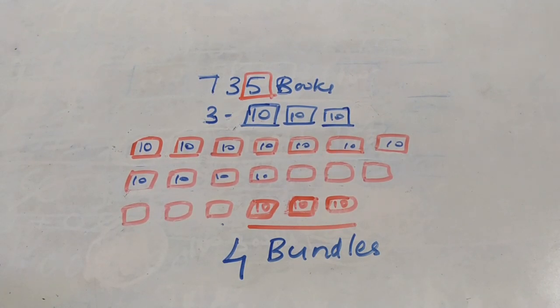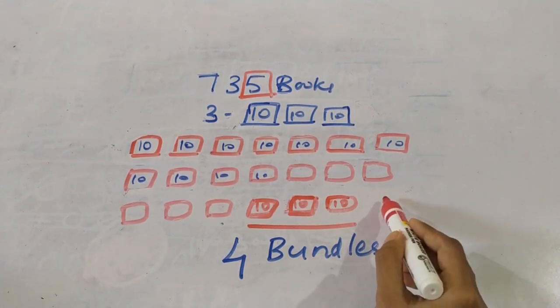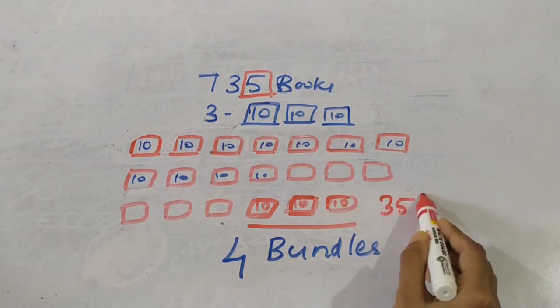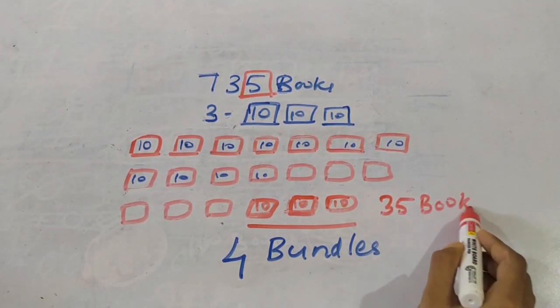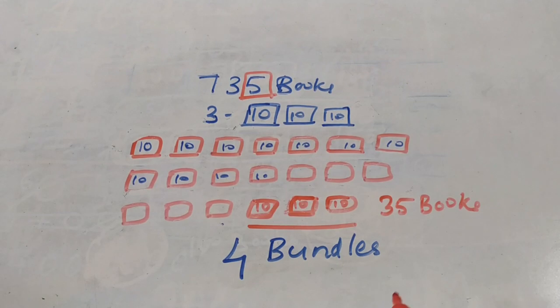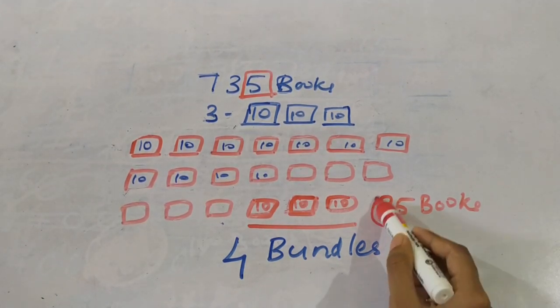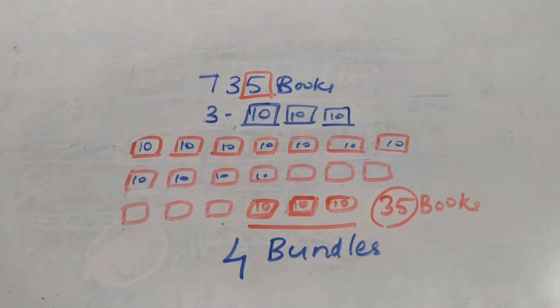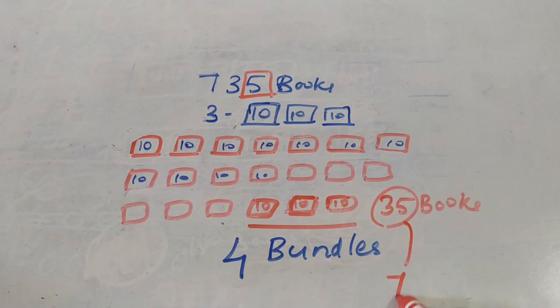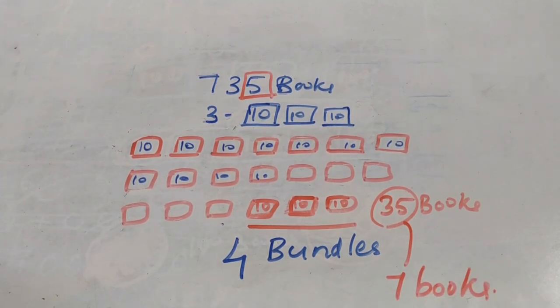Now 35 books are there. Now how can I divide equally, or how can I share equally these 35 books to 5 classes? I can give 7 books to each class, isn't it?